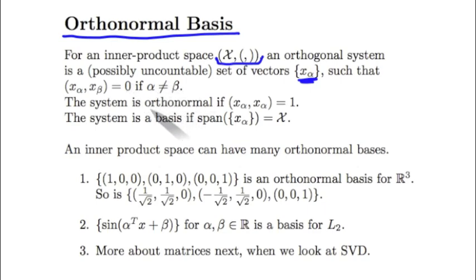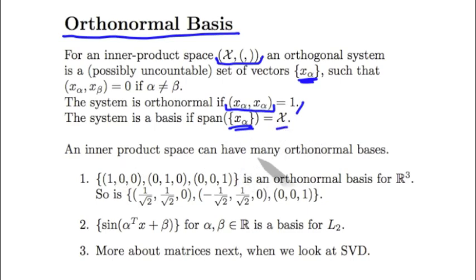Now the system is orthonormal if not only is every pair of vectors orthogonal, but the same vector, if I take a dot product with itself, the dot product is 1. So it's a unit norm. And lastly, the system is a basis if that set of vectors spans the entire space.